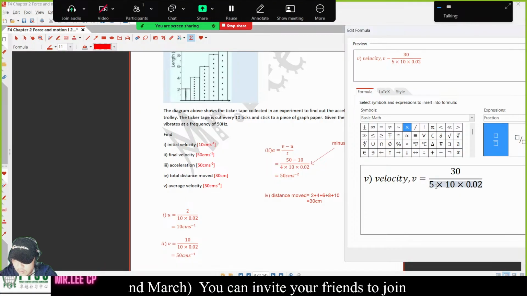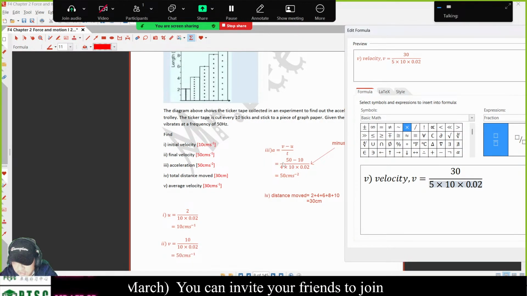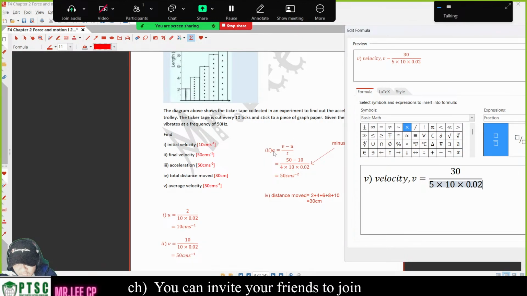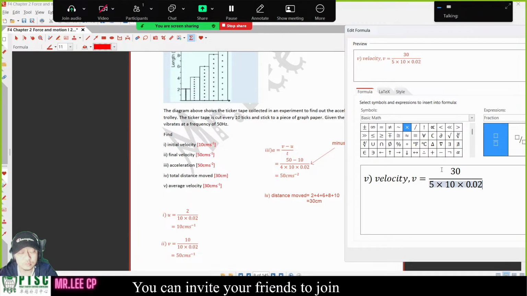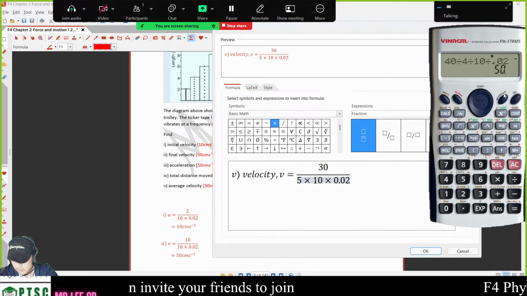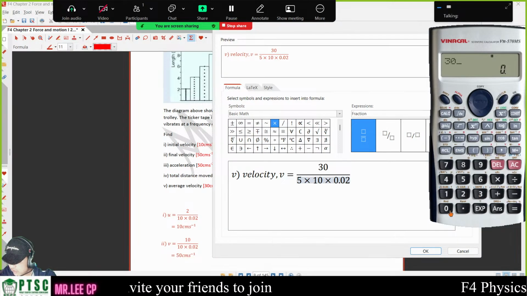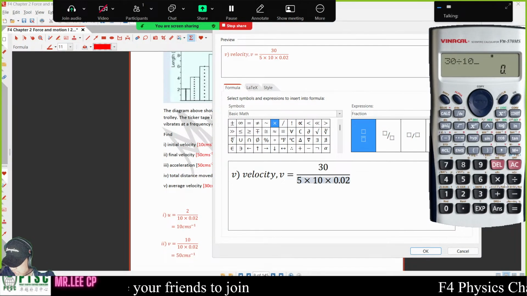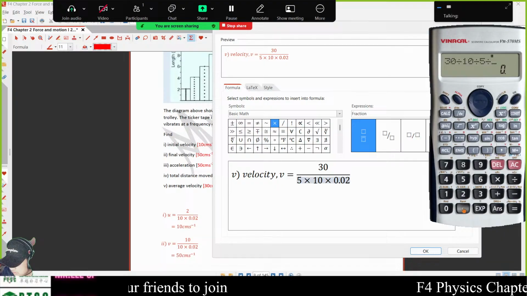Now, of course, you ask me, Cikgu, this one you don't minus, eh? Just now here you minus. Yeah, when we calculate acceleration, we minus one group. So this one, we don't minus. Okay, so what we have is 30 divided by 10 divided by 5 divided by 0.02.